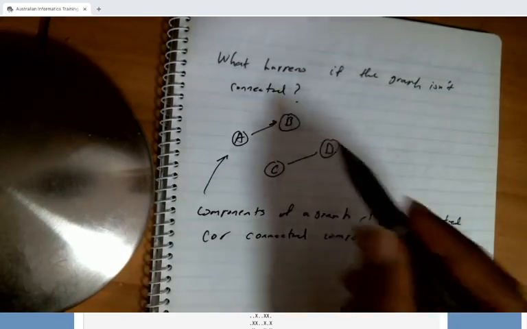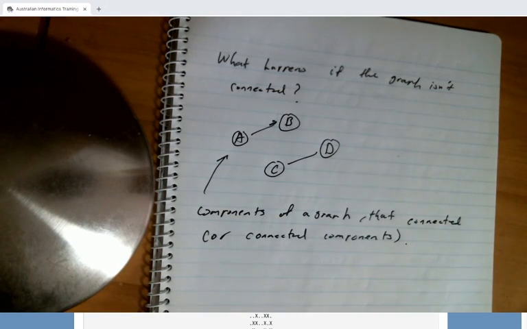Right? So A and B are connected, and they're one kind of little piece of our graph. And C and D are another connected component, and they're the second piece of our graph.